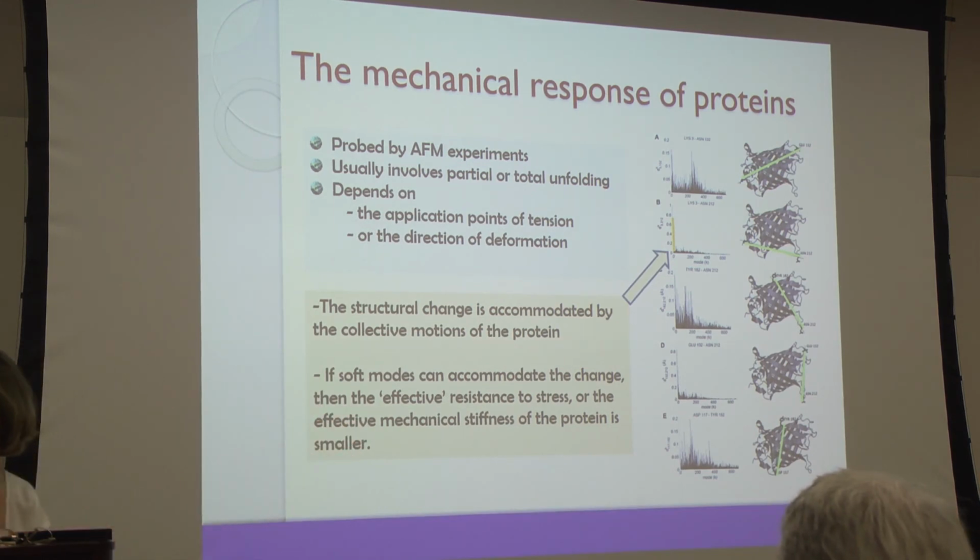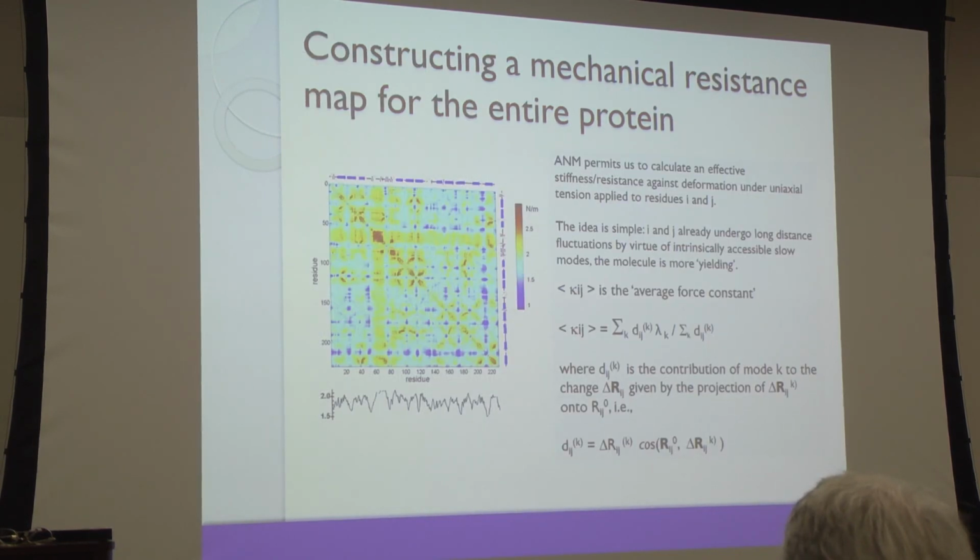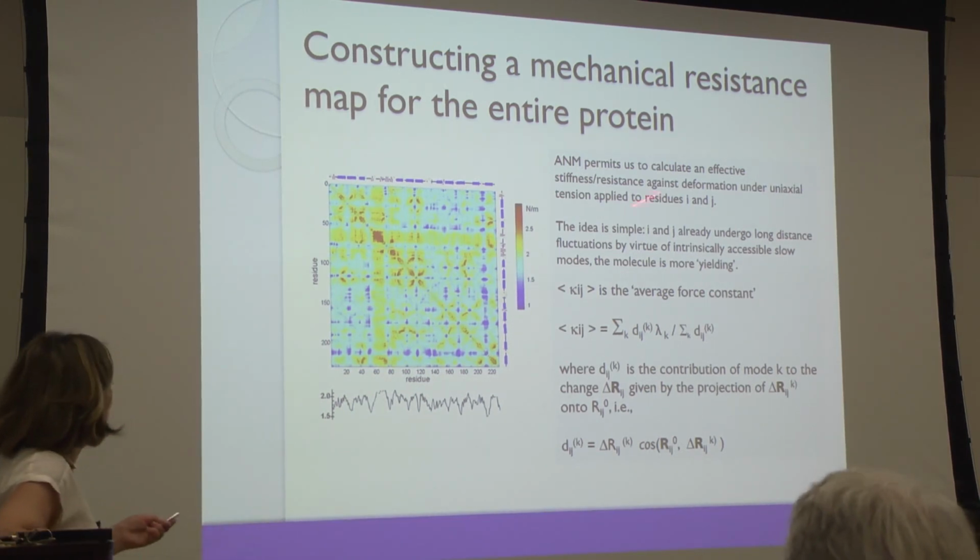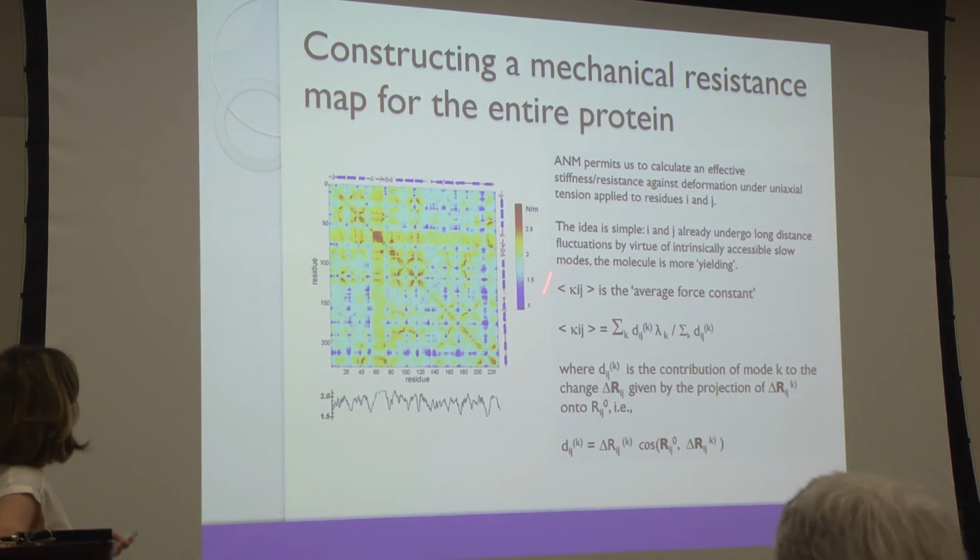That's what we've done, and we were able to reproduce experimental data, not only for this protein, but also for many other examples. Now what currently ProDy allows you to calculate is this type of residue map, in newtons per meter, or you can change to piconewtons per picometer, nanonewtons per nanometer. You would have the force constant associated with deforming any pair of residues.